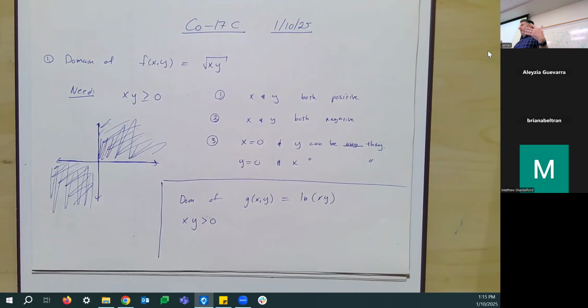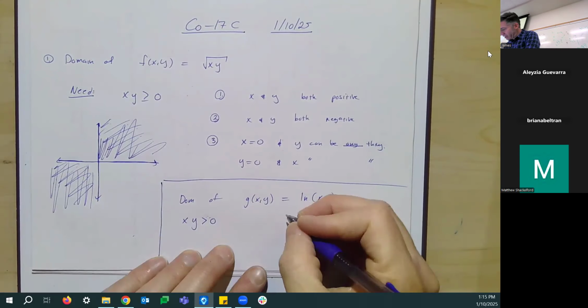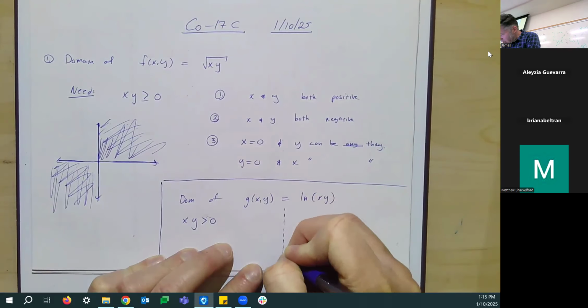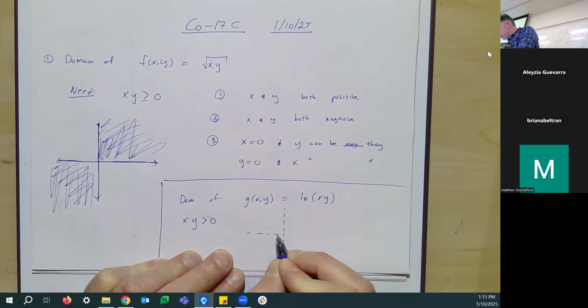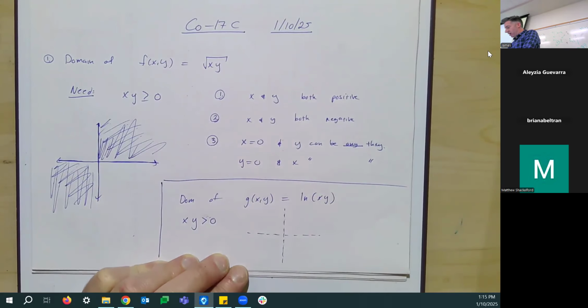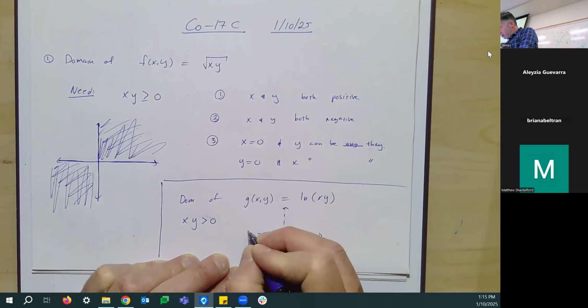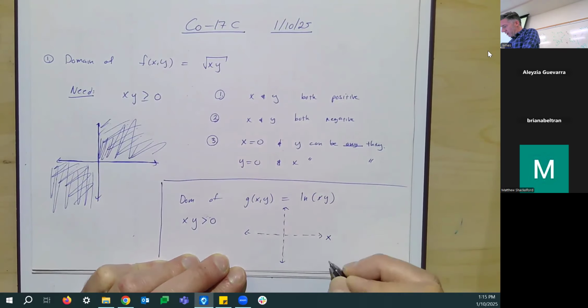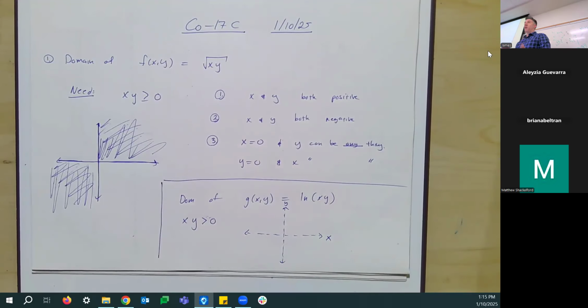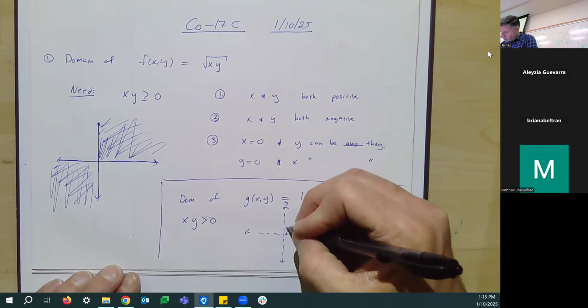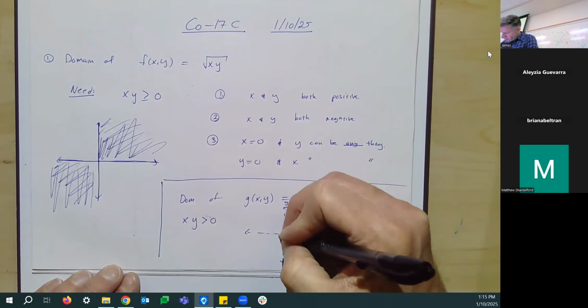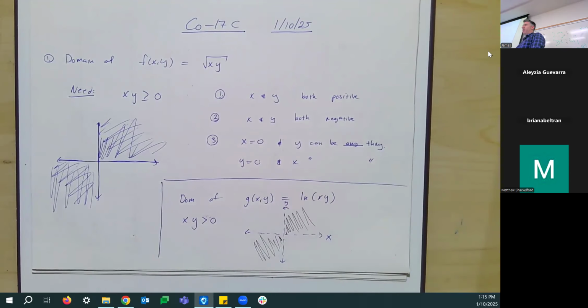Normally you would draw axes as regular lines, but here we would draw them as dashed lines. So I'm going to draw my x-axis and my y-axis as dashed. I should label them so everyone knows what's going on. Here's my x-axis that I'm not including, and here's my y-axis that I'm not including. And I still want all the points in the first quadrant and all the points in the third quadrant. So that's how that would differ from the other one.